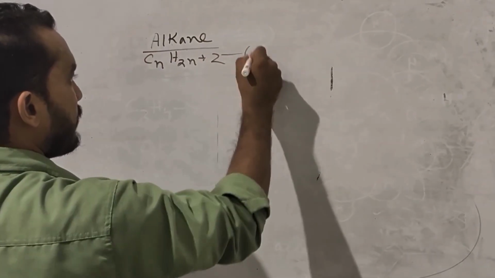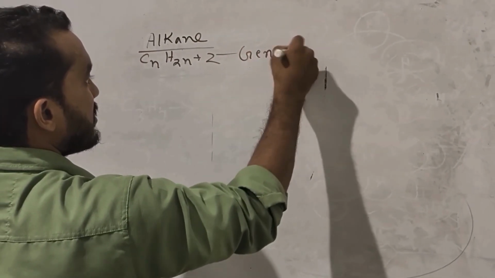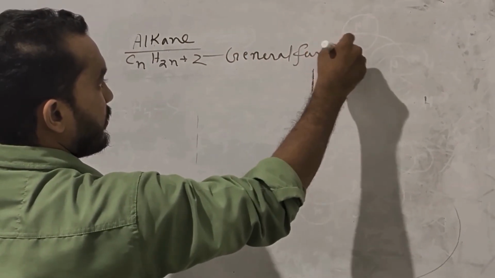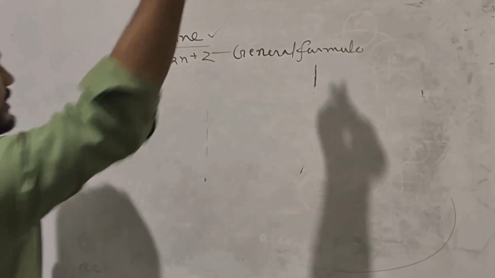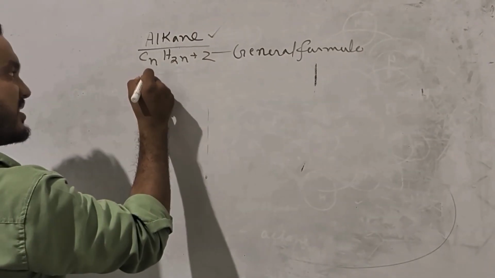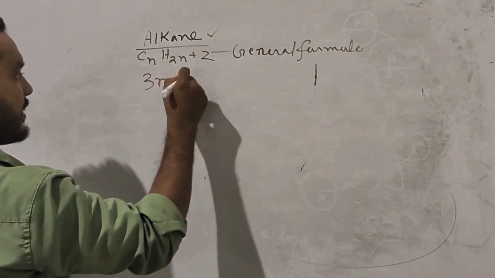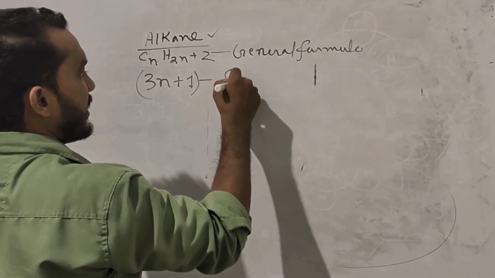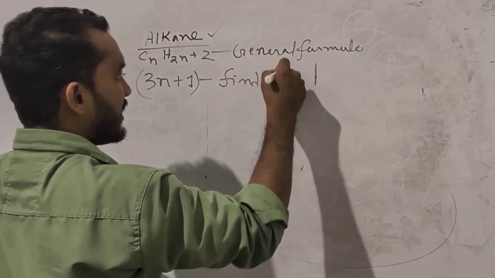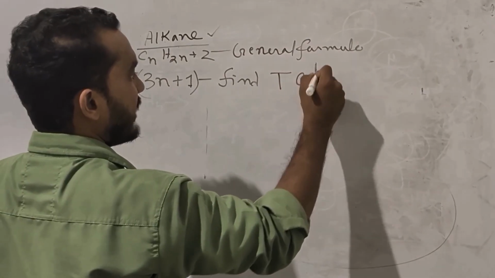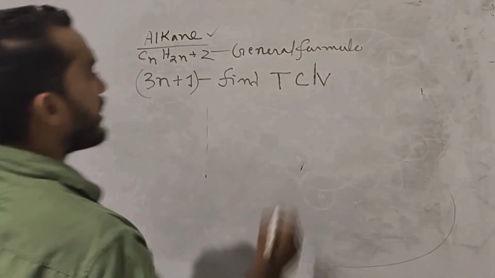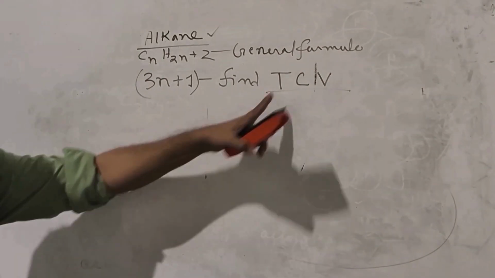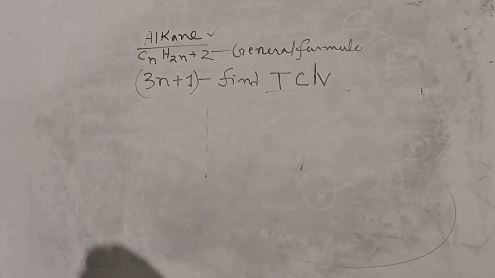This is the general formula of alkanes. Another formula is there, that is 3n+1. By this formula we can find the total number of covalent bonds.